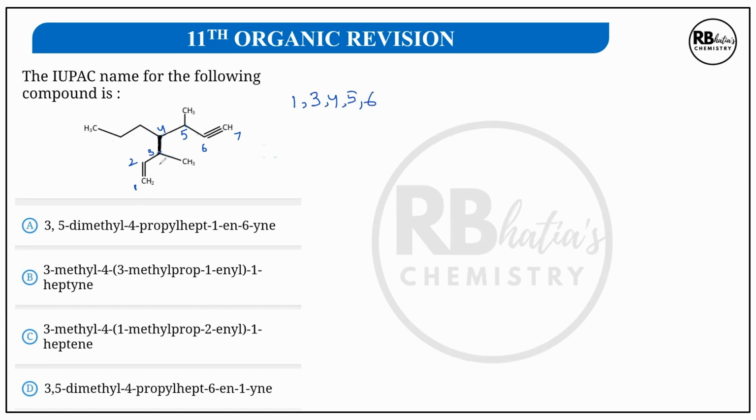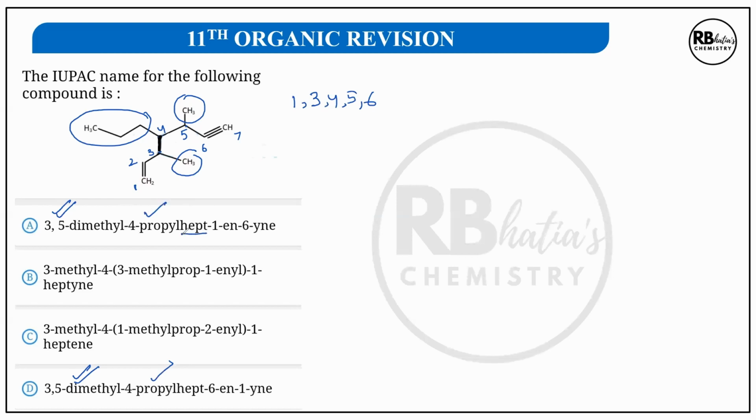So 3-methyl, 5-methyl, 4-propyl. These are the substituents. So it will be 3,5-dimethyl, and this is also 3,5-dimethyl. Let us see what comes next. 4-propyl, both are 4-propyl.